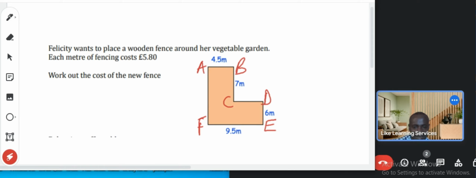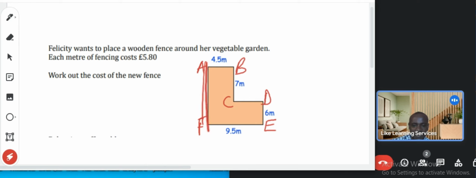For instance, what's the length of C to D? How do you find it? Anytime you are given this, you need to find the length of any side that is not given. C to D is not given, so we need to find it.